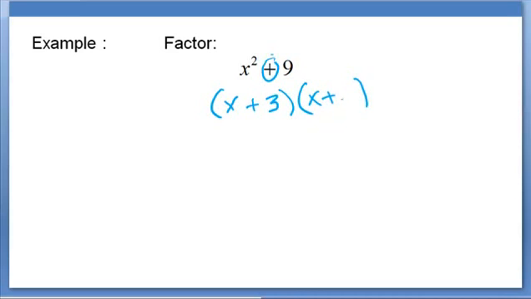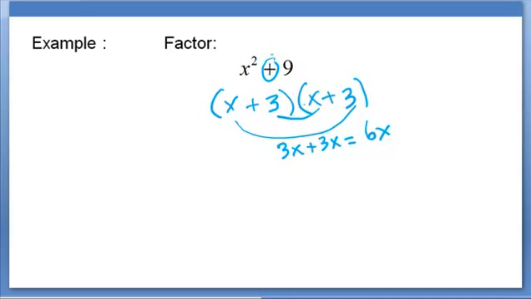So if we tried 3 and 3, when we do a check, we pick up an extra term that's not in the problem. So we get a 3x plus 3x is a 6x, which is not in our problem. If we had done a minus sign in each one, we would have just a minus 6x. So you're going to get an extra piece. The only way to make that middle cancel out is if you have different signs, a positive and a negative.